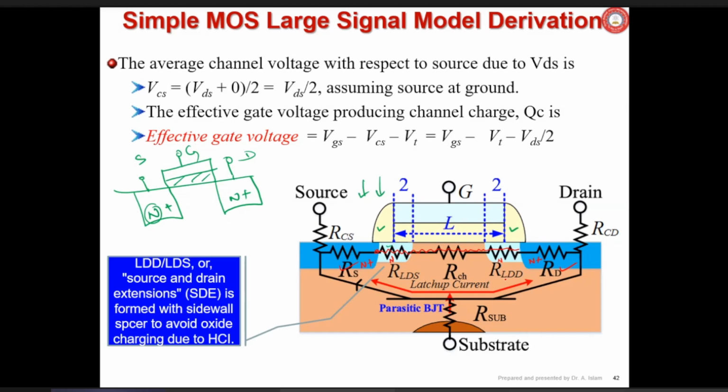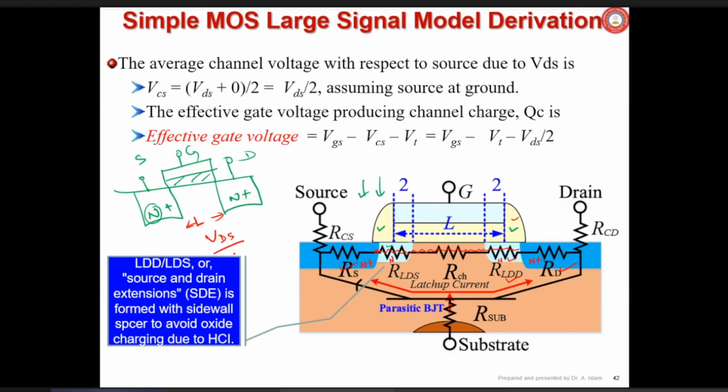It is called LDD, lightly doped drain. It is also called source or drain extensions. It is formed with the use of a sidewall spacer, and it helps to prevent the charging of the oxide. Due to the very short channel length from here to here, the electric field is very high.